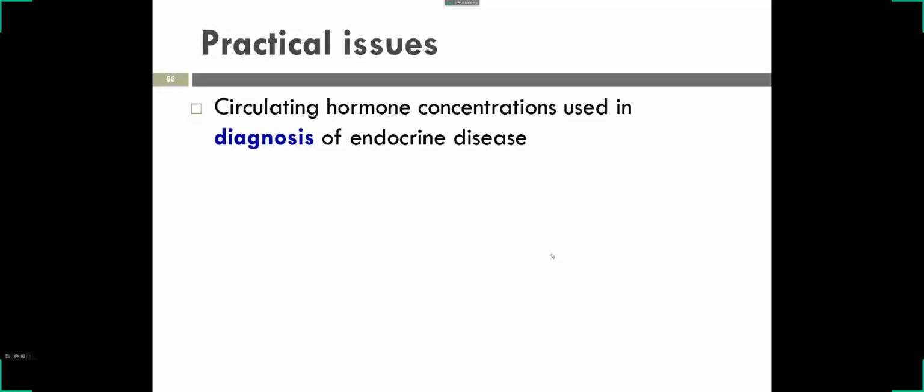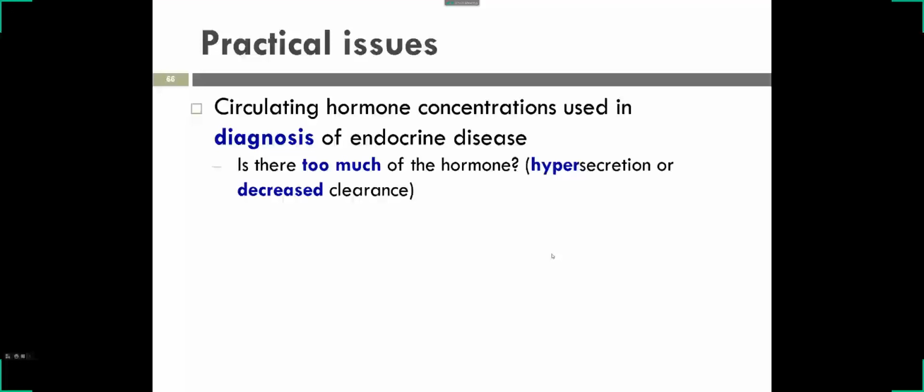So typically, circulating hormone concentrations are used in the diagnosis of endocrine disease. A patient comes in, and the first question the doctor wants to know is, what are the circulating hormone concentrations at play? And can we use that for a diagnosis? So obviously an initial question will be, is there too much of the hormone, hypersecretion, or decreased clearance?